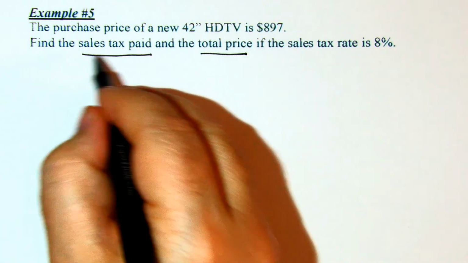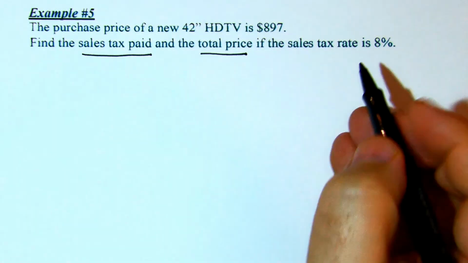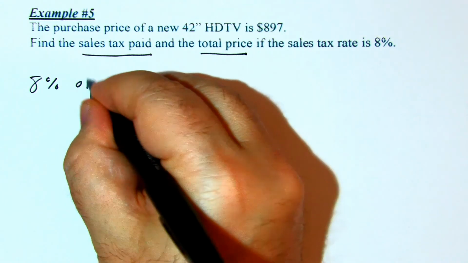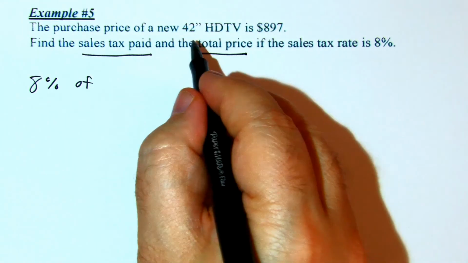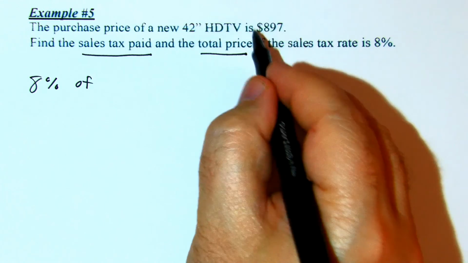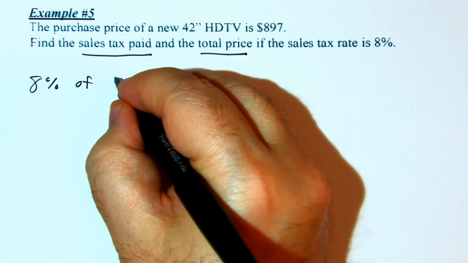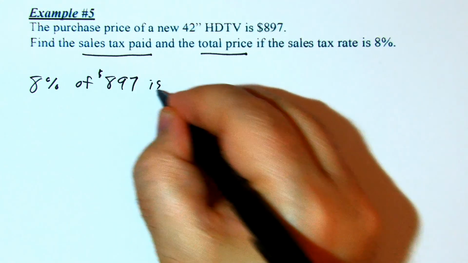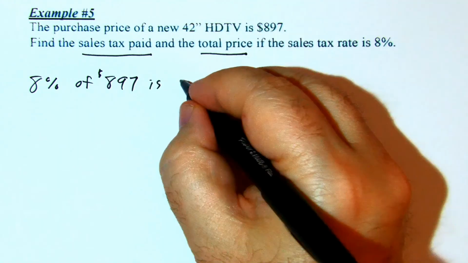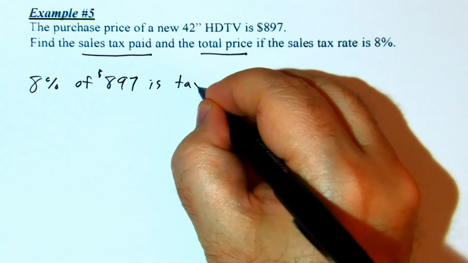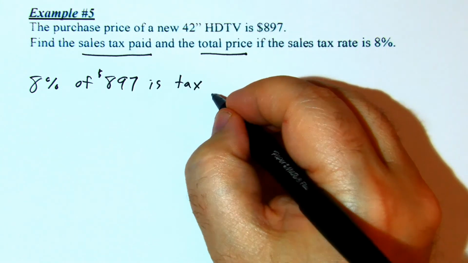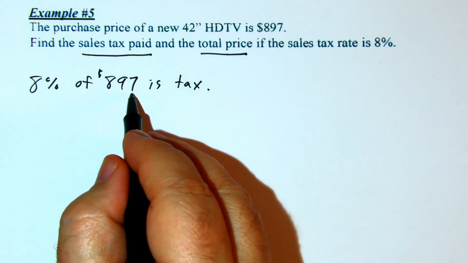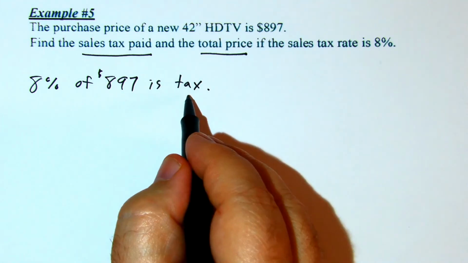Well, let's begin by finding the sales tax paid, because we know 8% of the regular price, the $897, is the tax paid. So there's our sentence. 8% of the $897 is the tax.